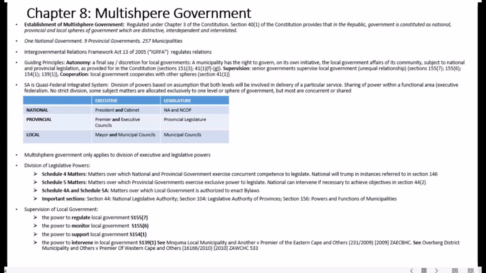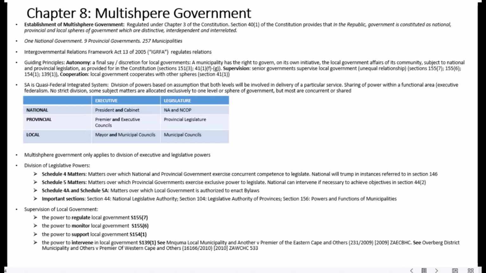These are called residual powers. So if any matter is not specifically or explicitly listed in these schedules, or any other provision of the Constitution, then the national legislature or national government would actually have the right to enact laws on that specific matter.